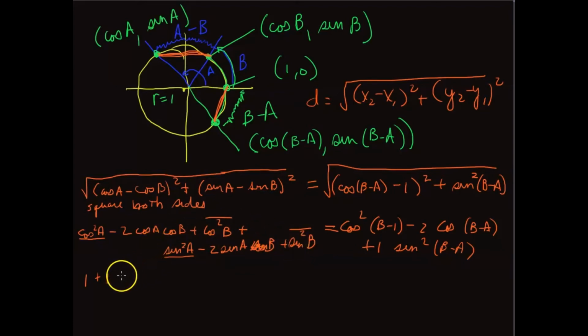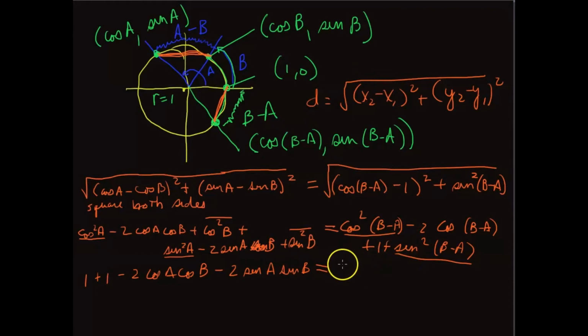We have left here minus the 2 cosine a, cosine b, minus the 2 sine a, sine b. Now here we've got cosine squared b minus a and sine squared b minus a. That's just 1.